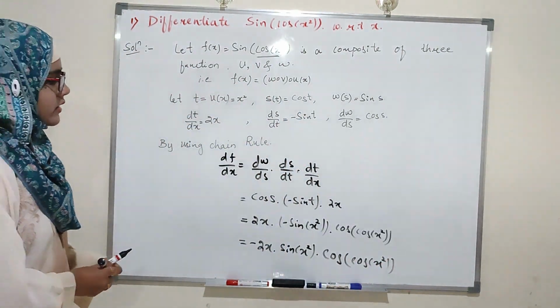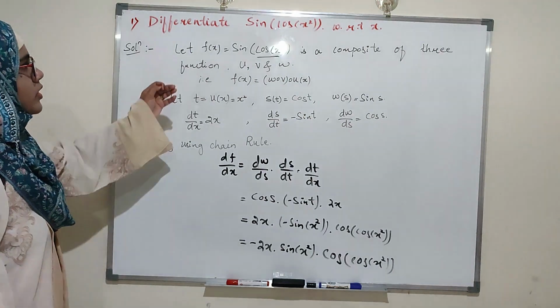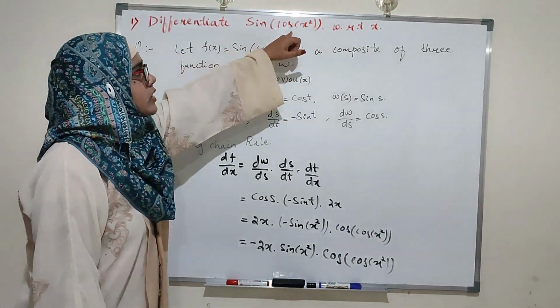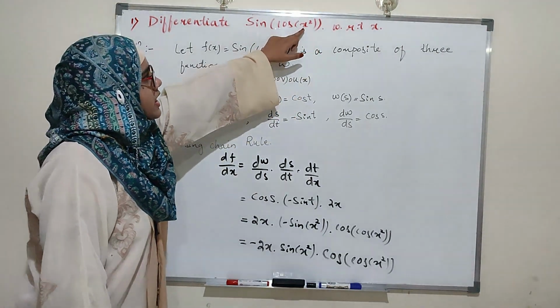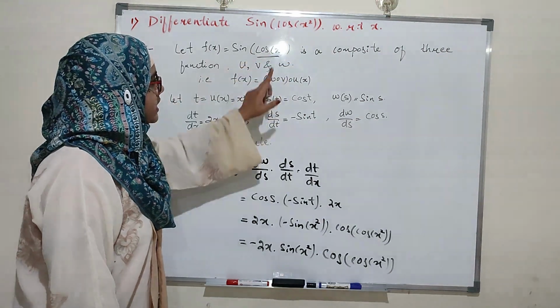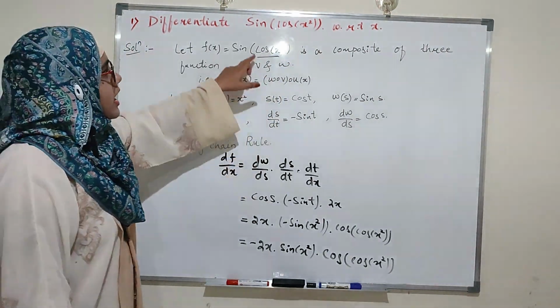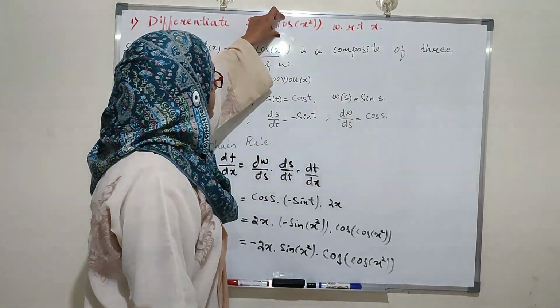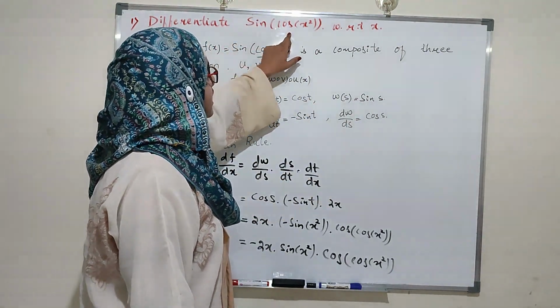First, we should understand that the given function is a composite of three functions: sin, cos, and x square. We take x square as t, cos of t as s, and lastly sin of s as w.